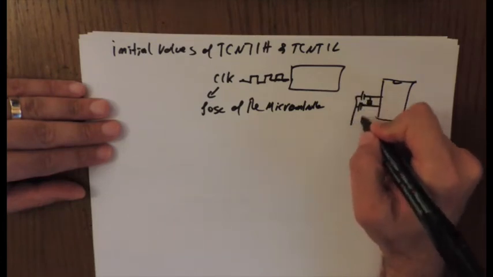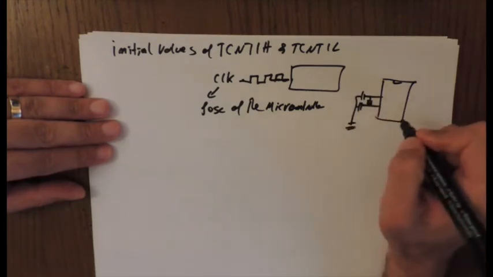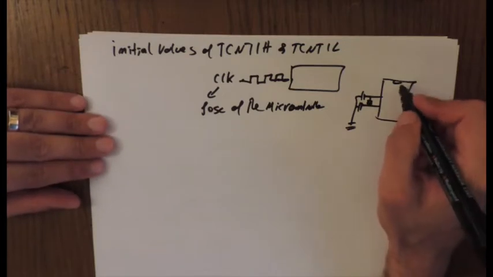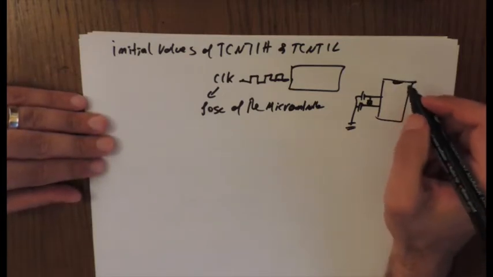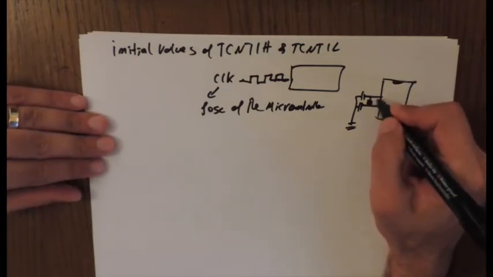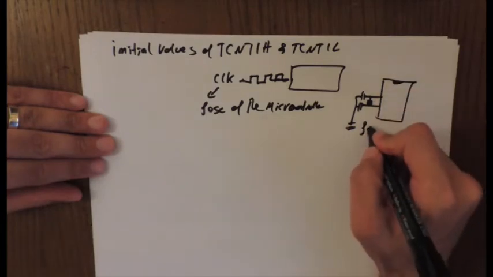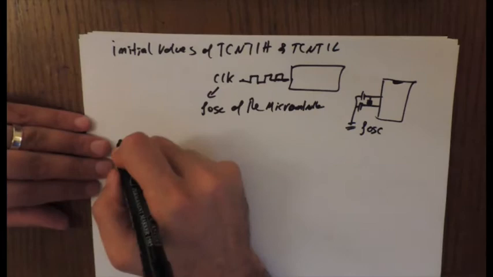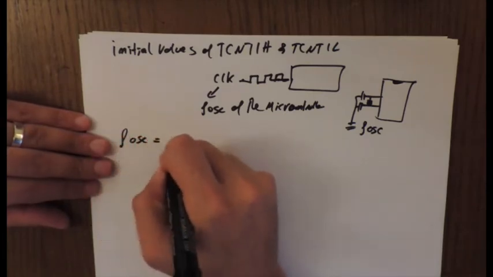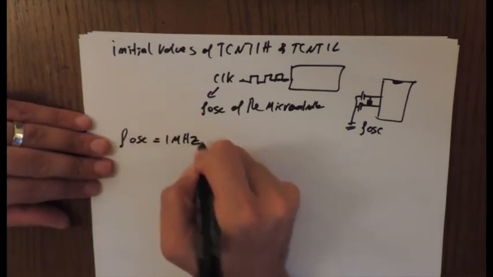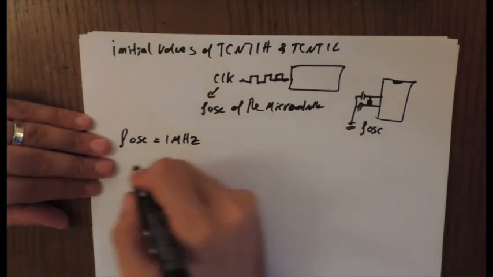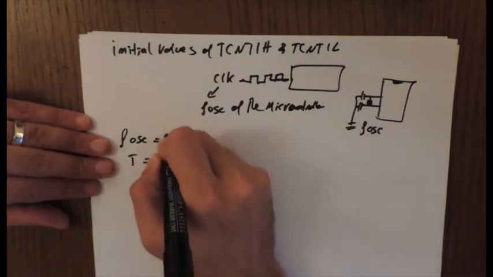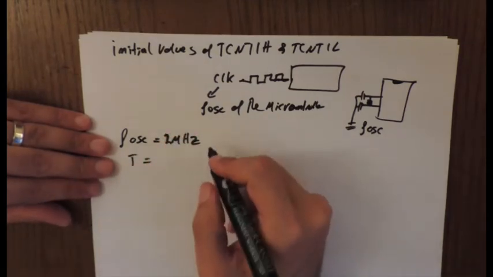Remember chapter 8, the previous chapter, where we connected an oscillator. So this oscillator has a value. Imagine that the value is 1 megahertz. Okay, let's do 2 megahertz.